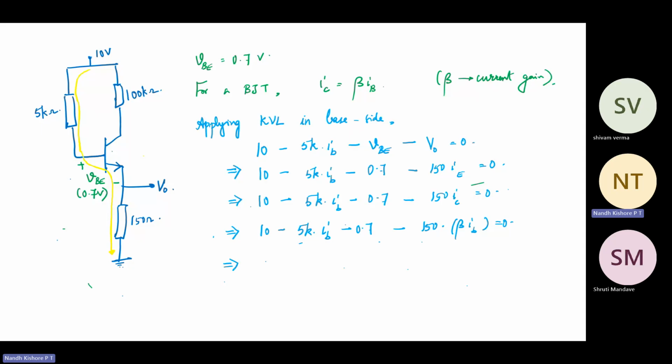So which means 10 minus 0.7 can now be 9.3 minus 5K into IB, minus, beta is 100. Beta is 100. So it is going to be how much? 150 into 100 into IB, equal to 0. So let's solve for IB. So what is IB?